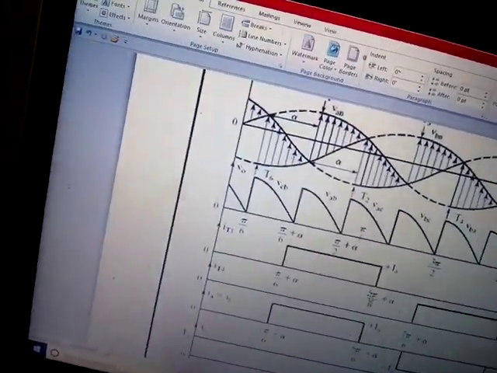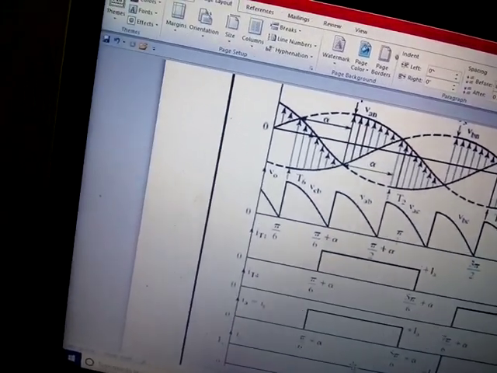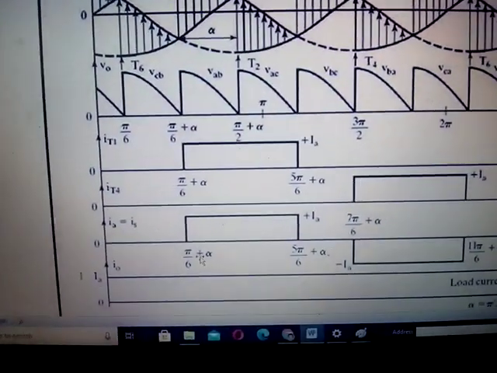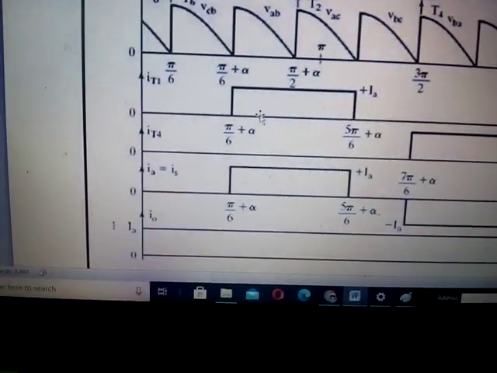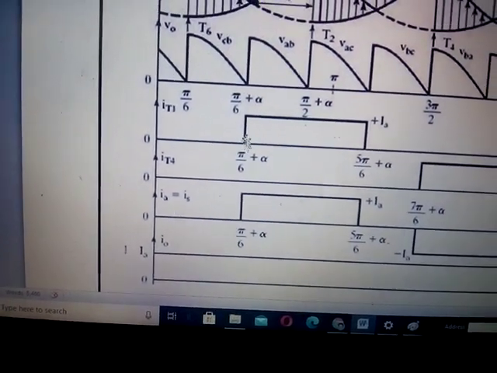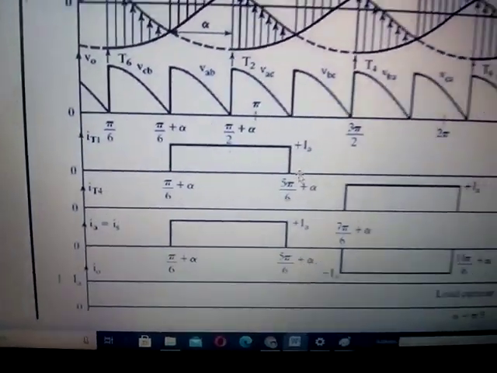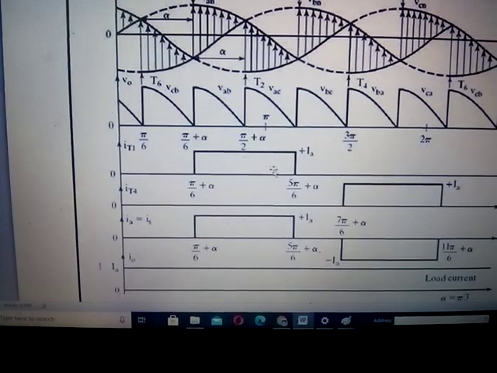Here we have given the source current. See, the source current has positive and negative parts, and this is the thyristor current. Thyristor current is always positive. Each thyristor will be conducting for 120 degrees.